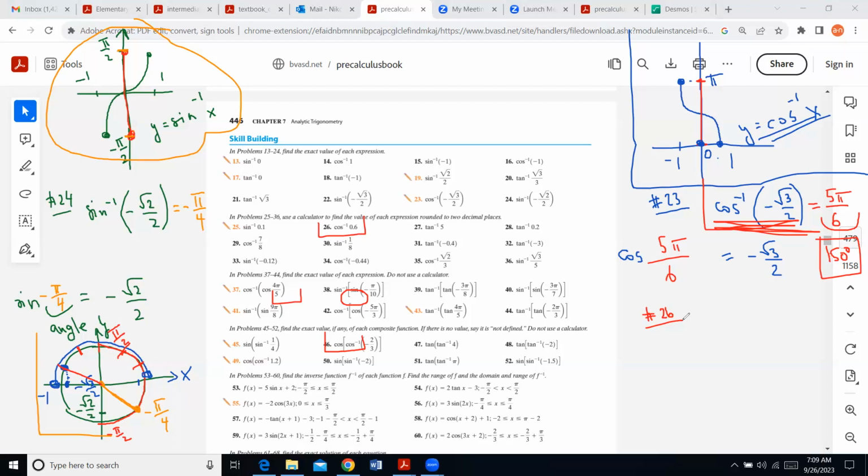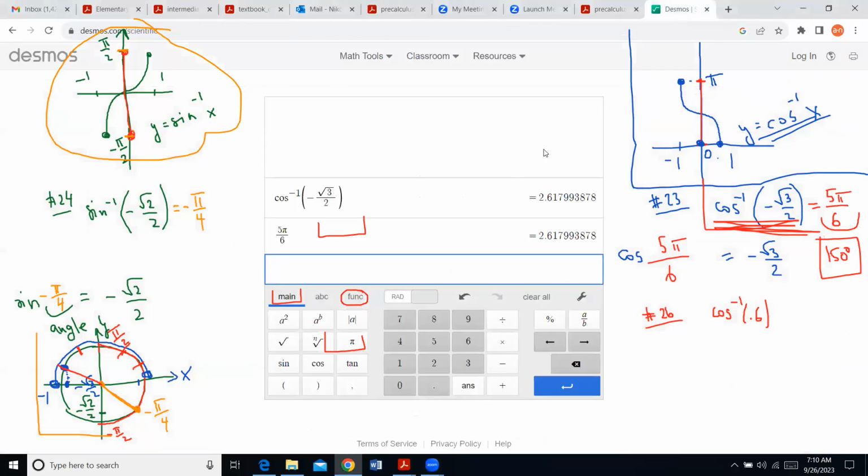But once you're dealing with some other measure of angle, and most of them, of course, are going to be others, not just these special ones that we can deal with, then you have no choice but to use a calculator. So I can give you this arc cosine.